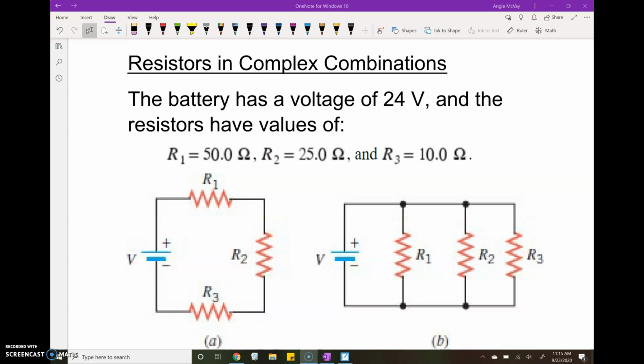So the voltage here is 24 volts, and down here in the negative end is 0 volts. The resistors: R1 is 50 ohms, R2 is 25 ohms, and R3 is 10 ohms.